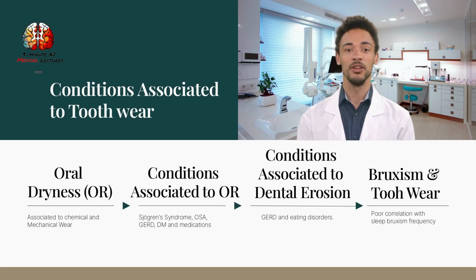Oral dryness is often associated with mechanical and chemical tooth wear, dental pain, and tooth sensitivity. Conversely, dental erosion is the type of tooth wear more commonly associated to dental pain and sensitive teeth. Acid reflux disease and eating disorders are often related to intrinsic chemical dental wear, erosion.